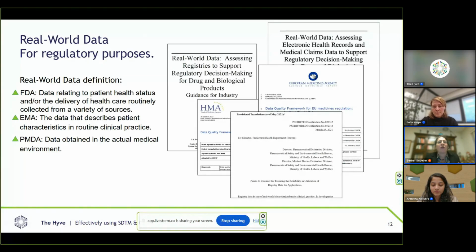It is really for treating the patient as well as possible. So the information needed for that is collected well, but other information you might need for clinical trials, maybe not. EMA has a comparable description, data that describes patient characteristics in routine clinical practice, and the PMDA has a related description.